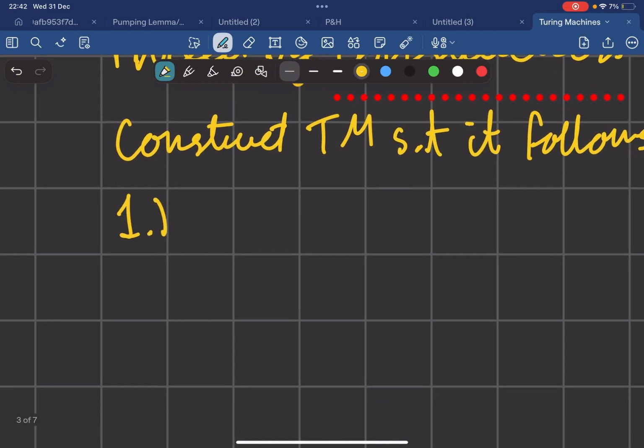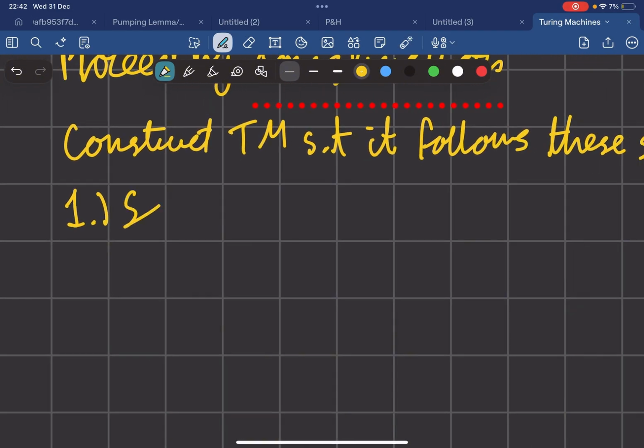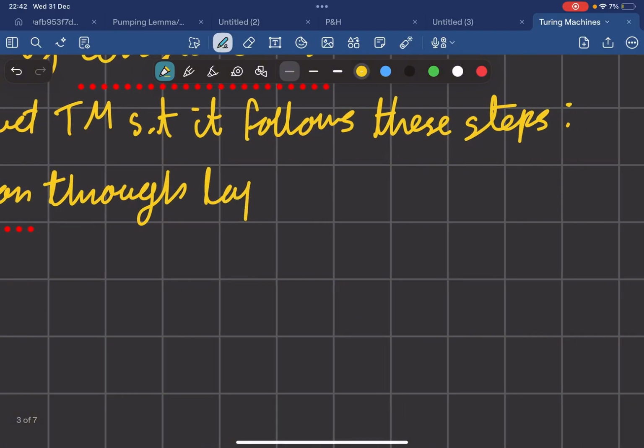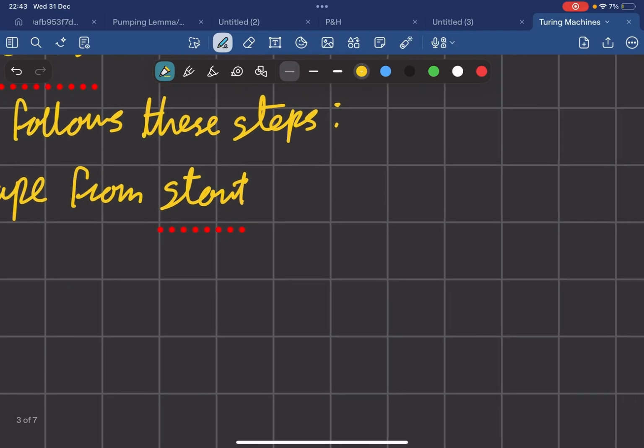First step is to scan through the string, and what we're going to do is scan through it and look for a single hashtag. So we're scanning through the tape from start to finish. Well, there's no finish, we're going to scan until we see the first blank character, which indicates that we've gone up until the end of the input.